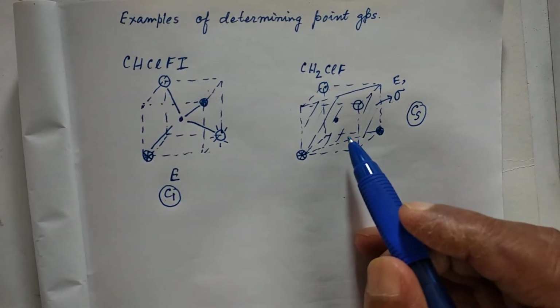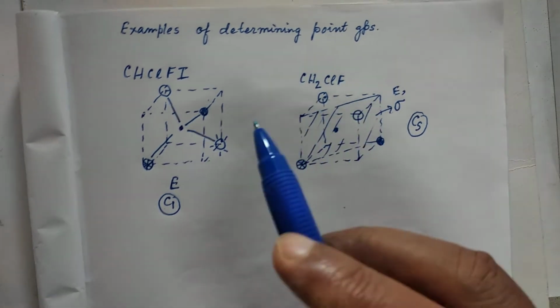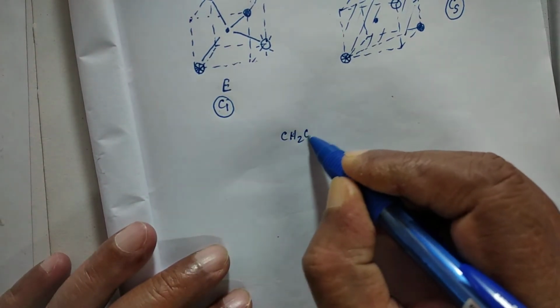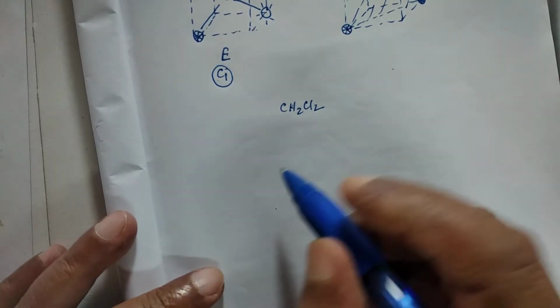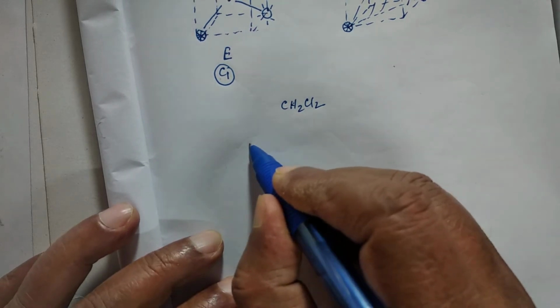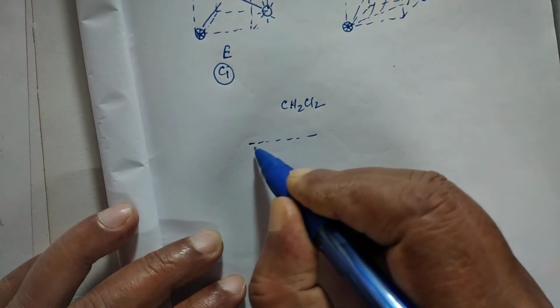Now we replace fluorine by chlorine. We take dichloromethane, CH2Cl2. In the same manner, we draw a cube.